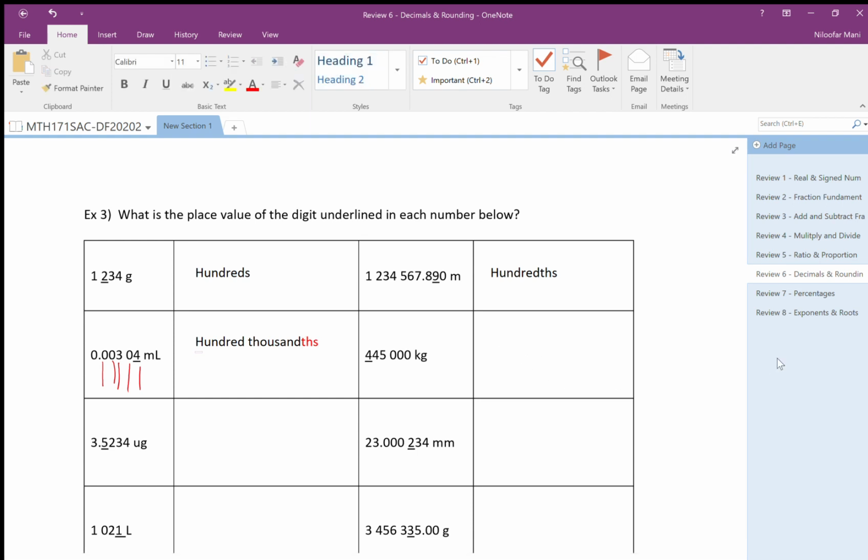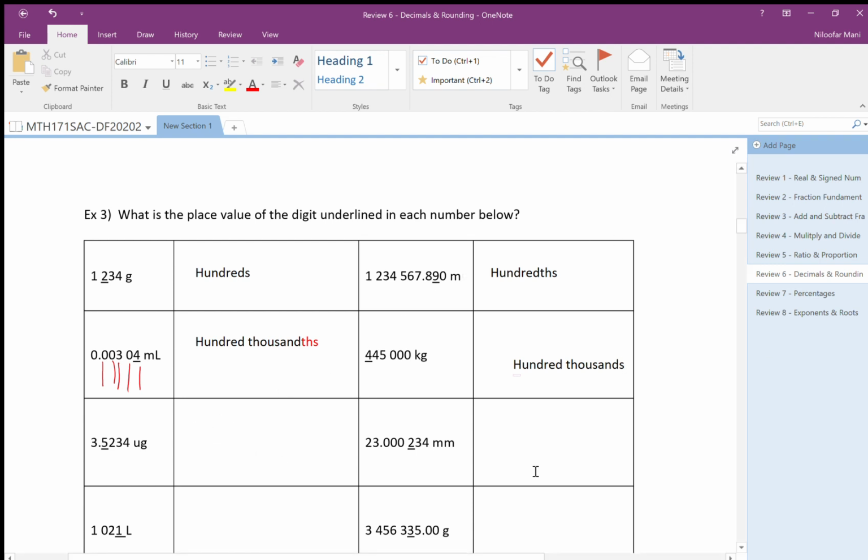Okay, next. There is no decimal, so I start from 1, and then 10, and then 100, and then 1,000, and then 10,000, and then 100,000. So I can write 100,000. How about this one?